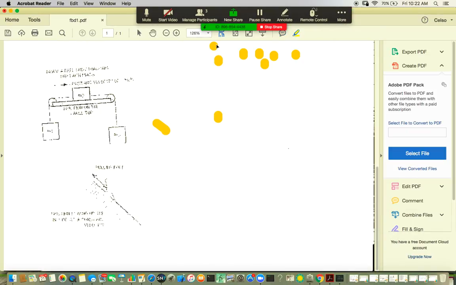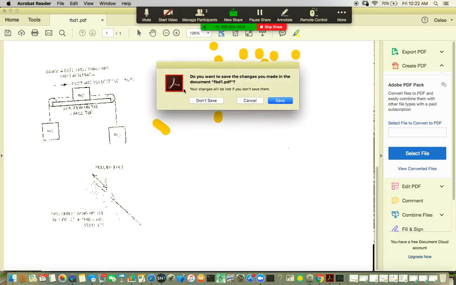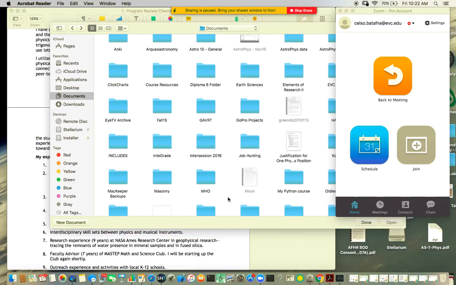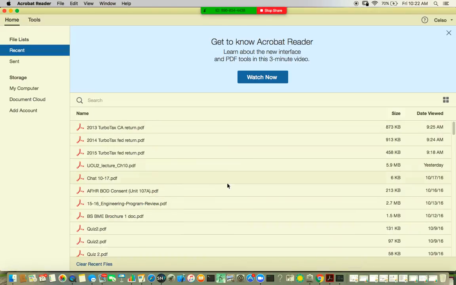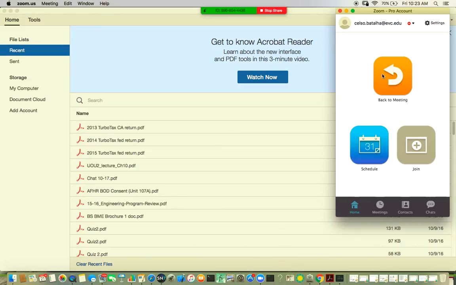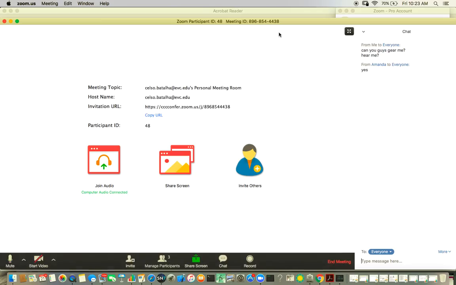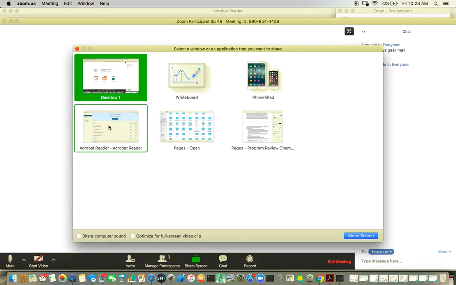Annotate. Oh God. Don't save it. Just a second. Back to the meeting. Stop share. Okay. Now share the screen.